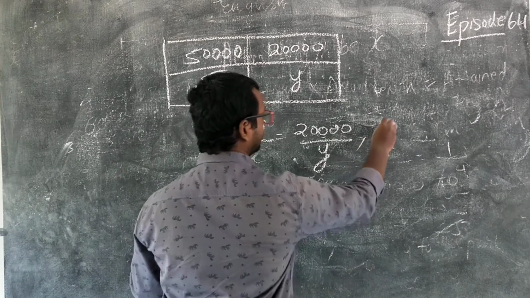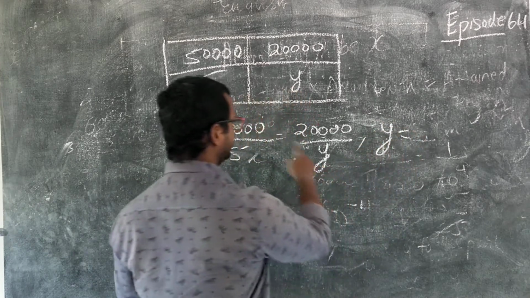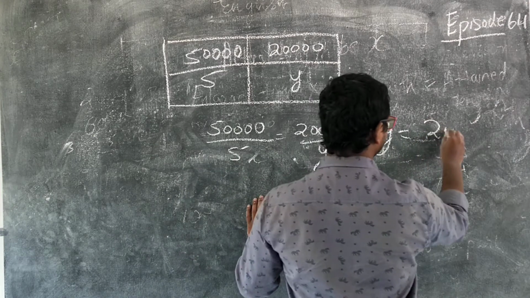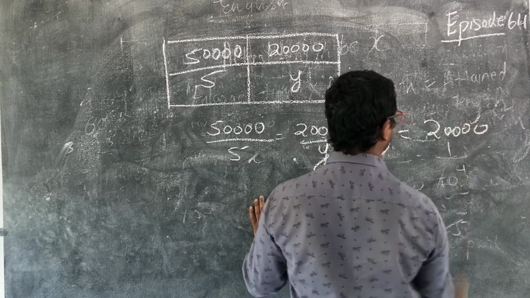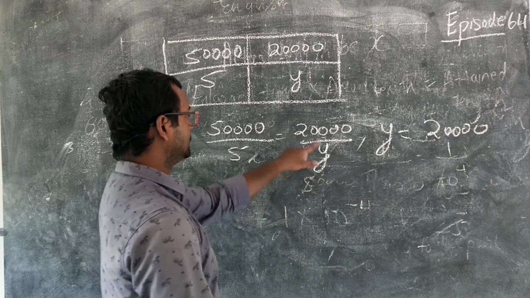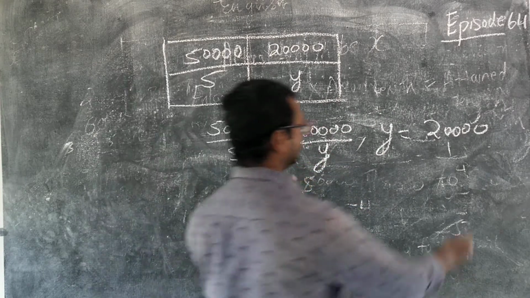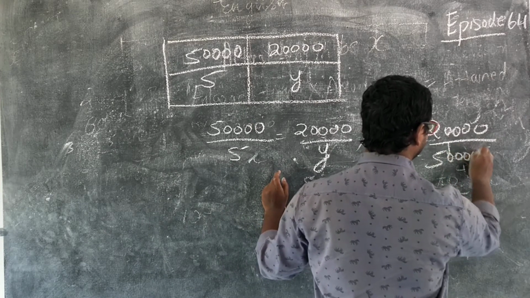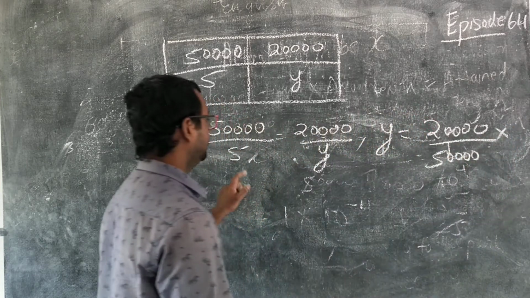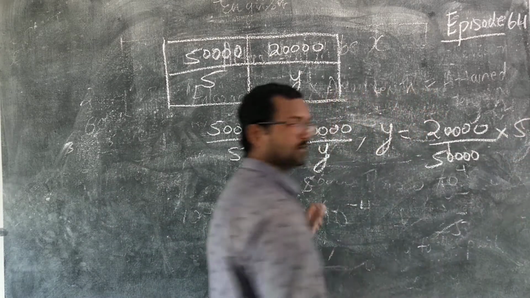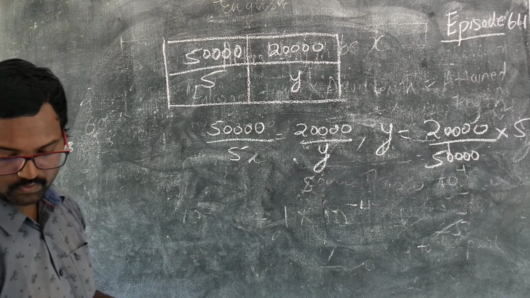So y we bring here, we will keep 20,000 here. We will move this 50,000 to the denominator. Multiply with this 5 will go here, next to 20,000.